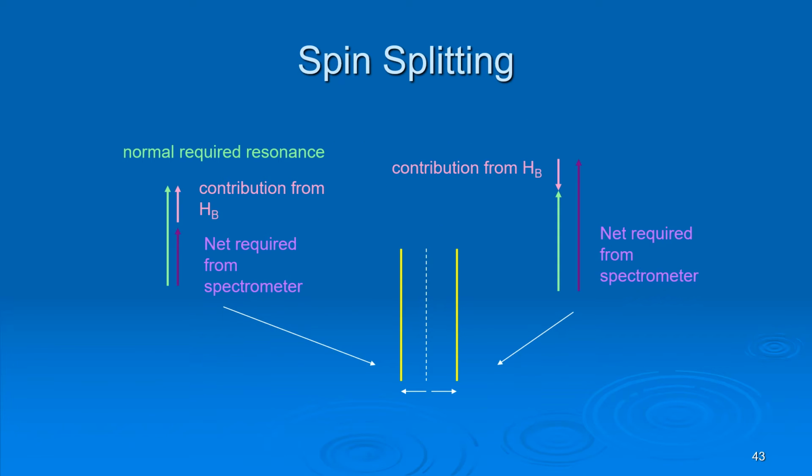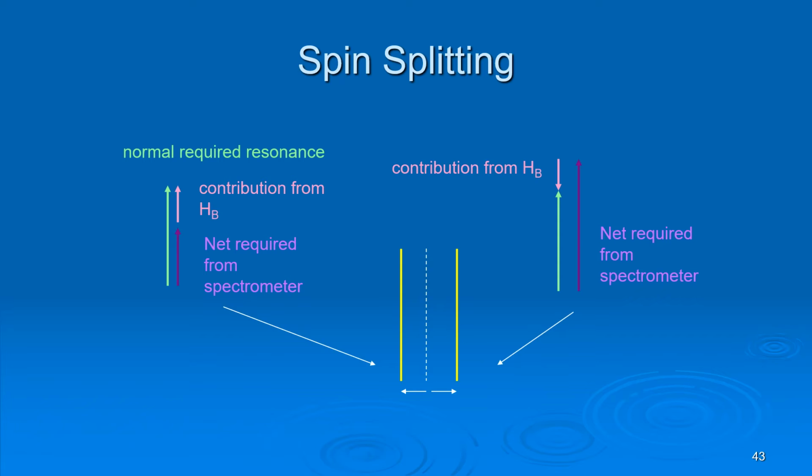And so here's what happens. If the green represents the normal required resonance, which would be the actual peak, the number where it would lie on the x-axis. And let's say that HB is aligned with the field, the magnetic field.